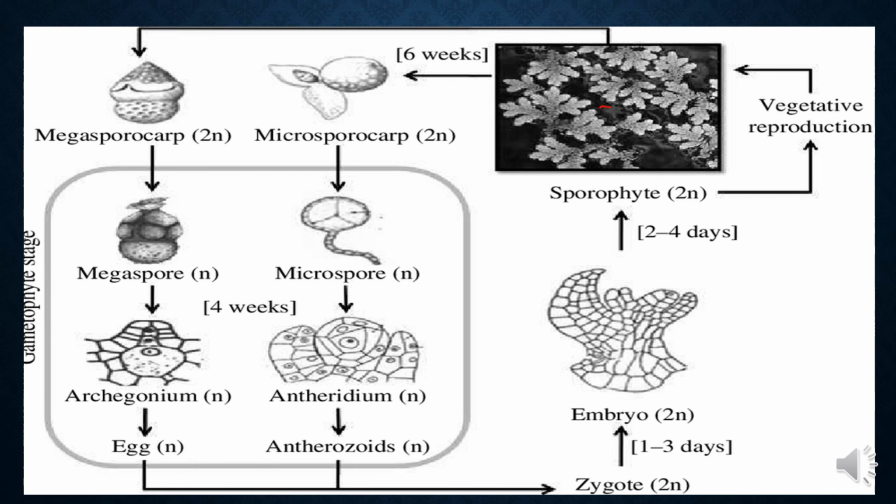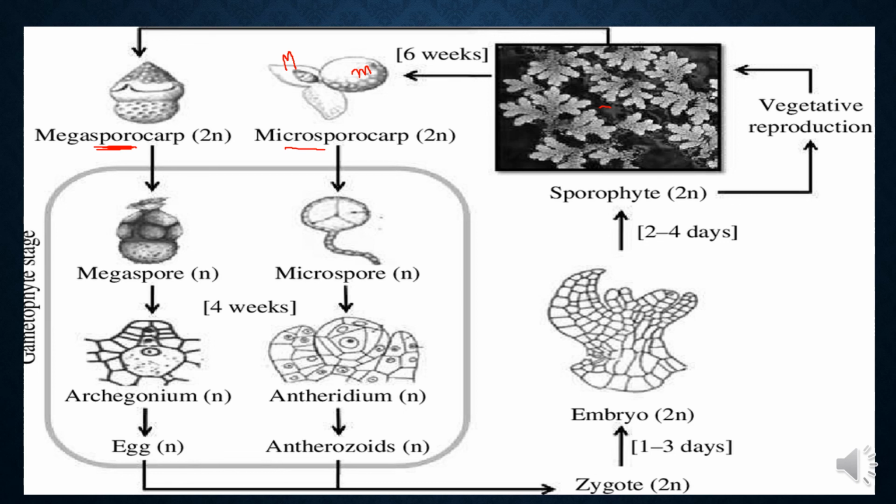The adult plant matures enough and produces the female sporocarp or megasporocarp and the microsporocarp. Here this is the microsporocarp, and this one is the megasporocarp, where I'm writing the female sporocarp in capital letters.